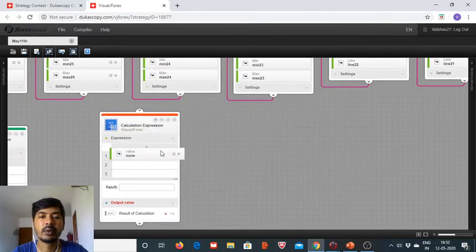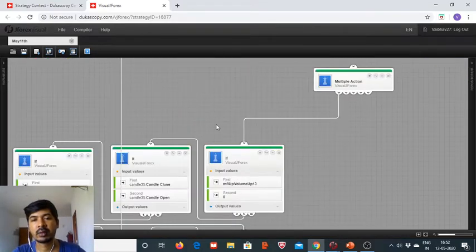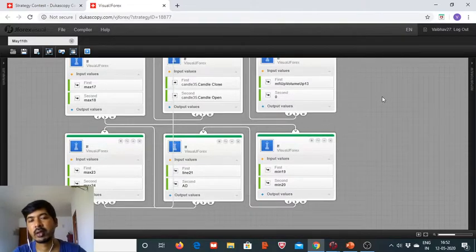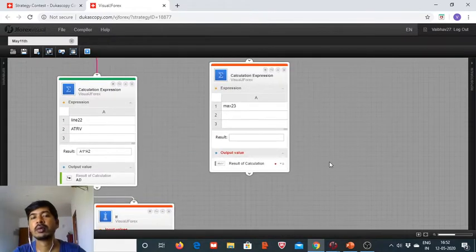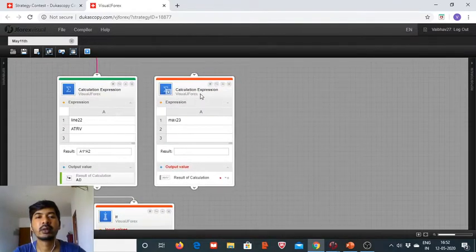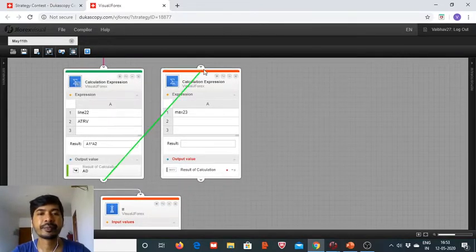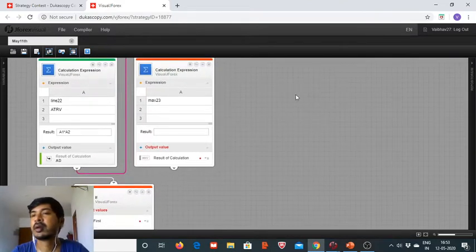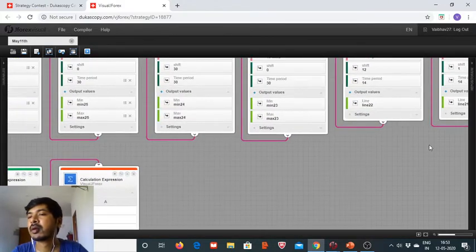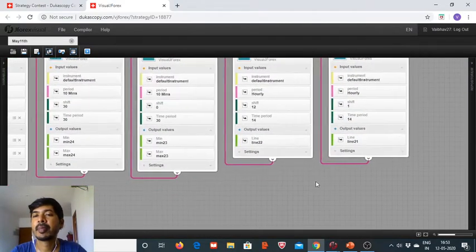Let me see if I have placed most of the conditions well. Yes. Here we do this calculation. Maxima 23 will be reduced by 50% of the ATR.